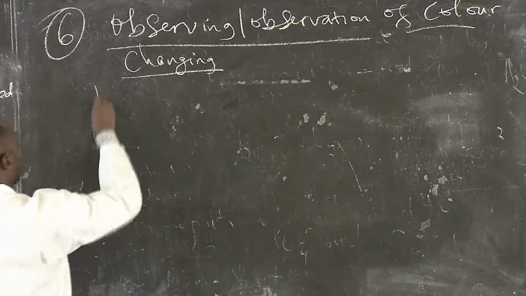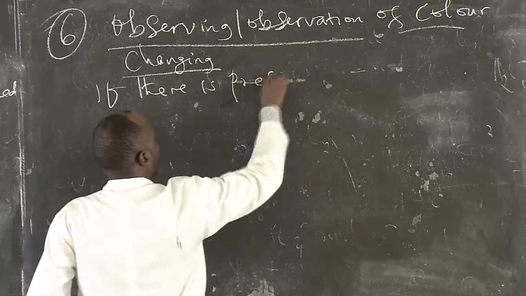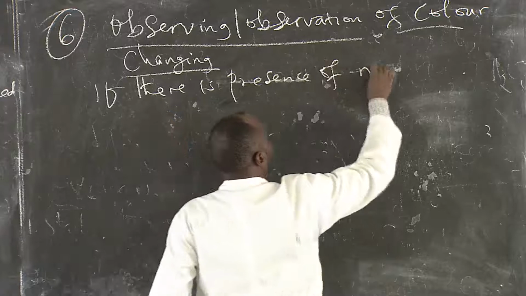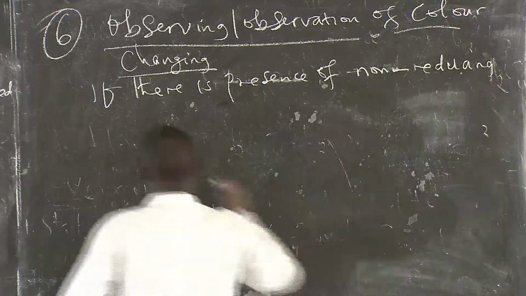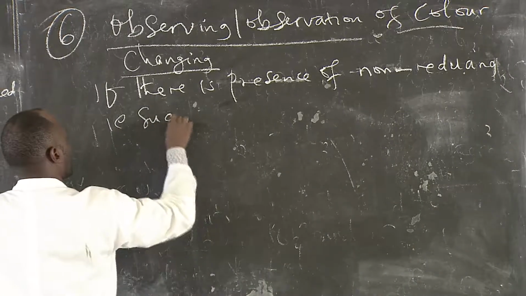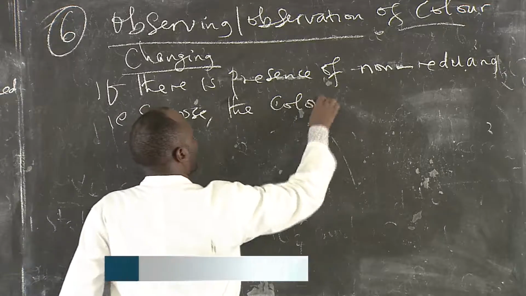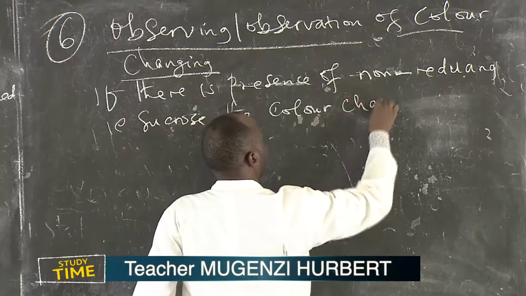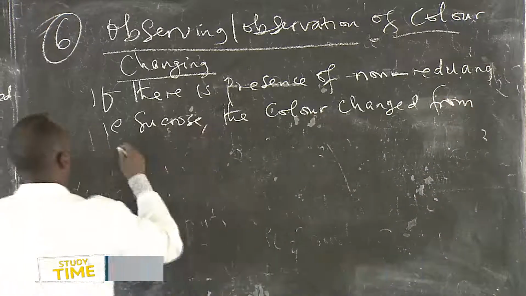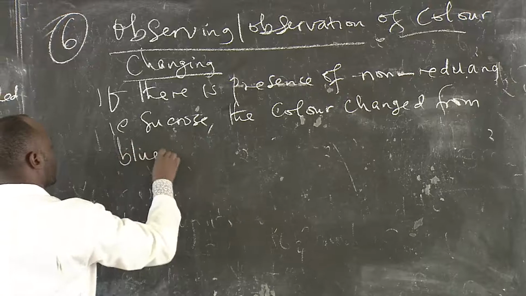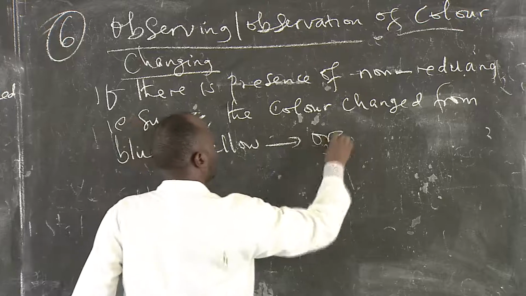If there is presence of non-reducing sugar, i.e. sucrose, the color changed from blue to yellow, then finally to orange.